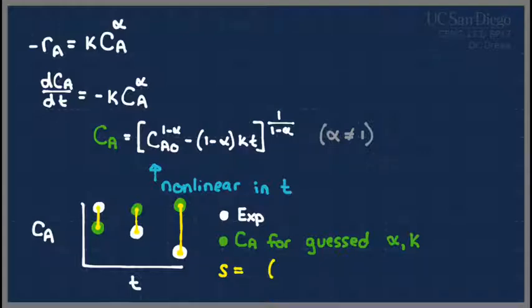So you take the difference between CA, actually let me color these. CA that you have experimentally measured versus CA that you have calculated. So here's CA which was measured. This CA was the one that you had calculated from your guess. Right?